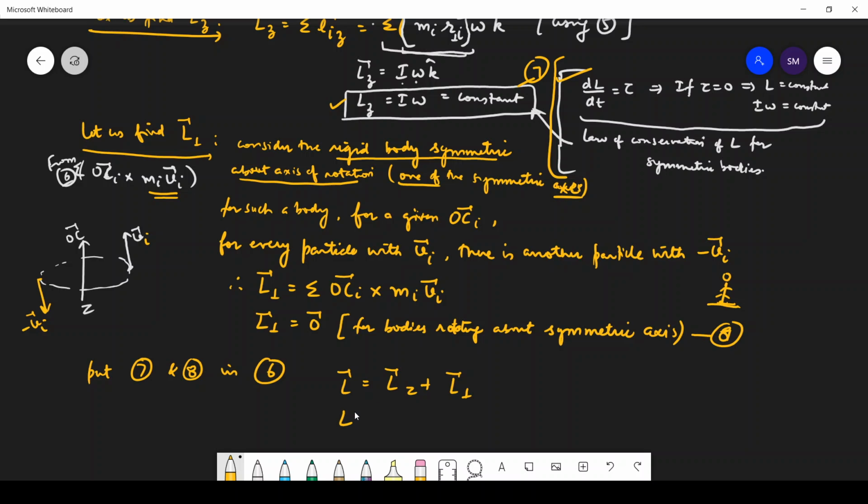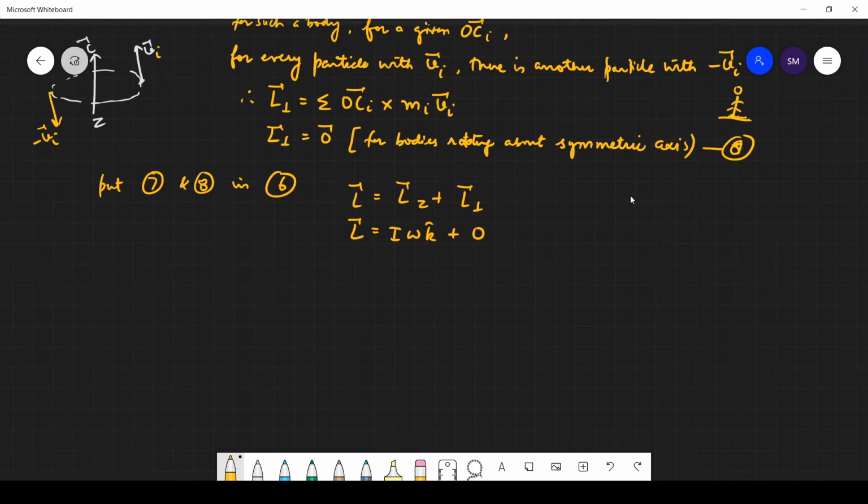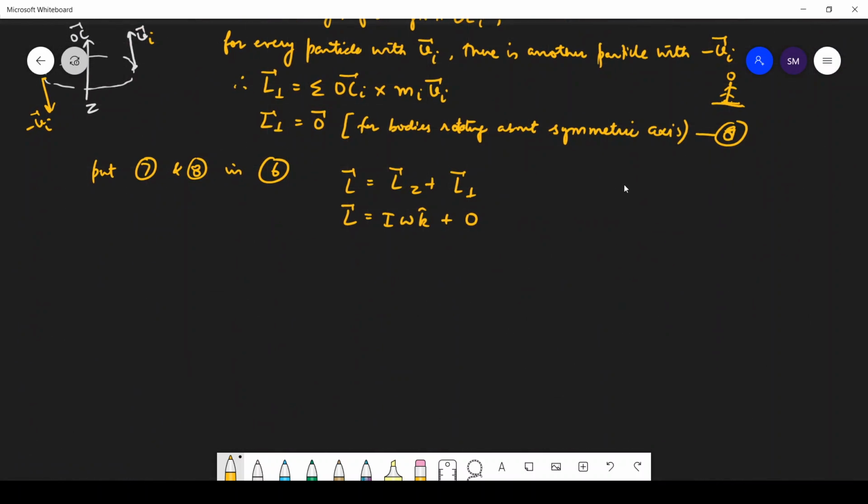So this L is equal to I omega plus L perpendicular. So L perpendicular is 0. Okay. Got it?